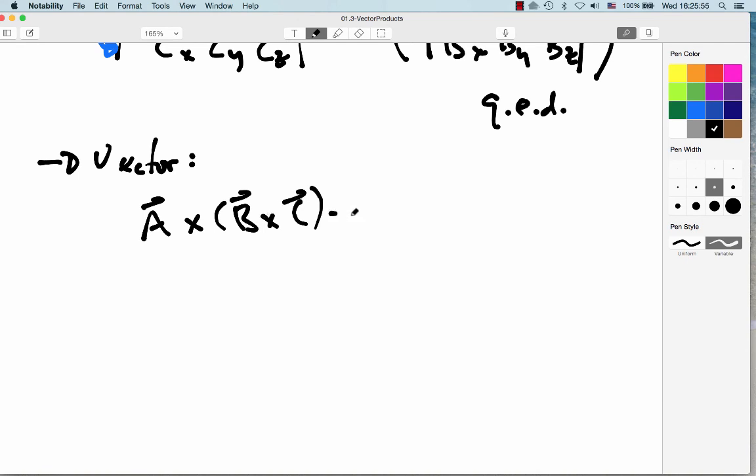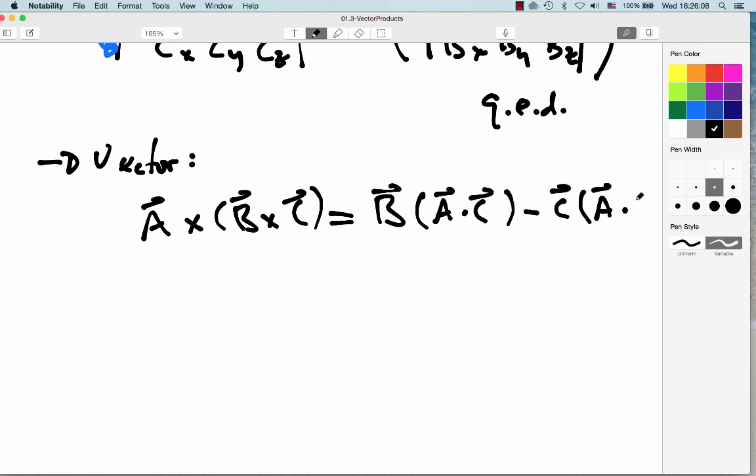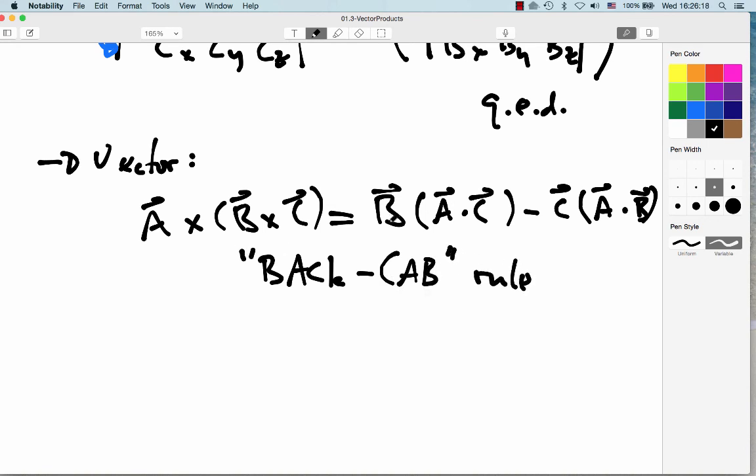But there's a handy way to remember this if you write some scalar multiplications a little funny. It's B times A dot C minus C times A dot B. This usually gets called the back cab rule because it's back minus cab. So that's at least a little bit helpful there.